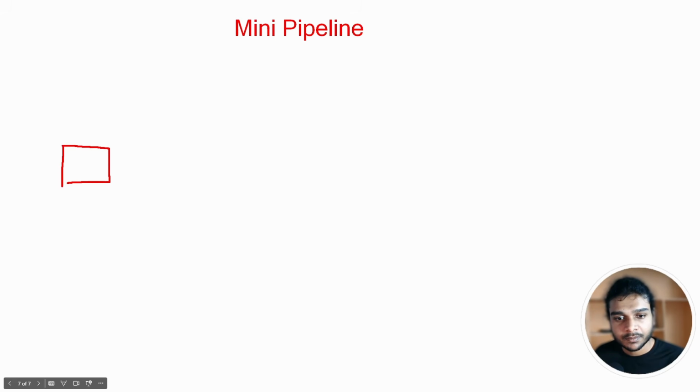Okay, let me name this heading mini pipeline. It goes like this. Now I'm going to define an external stage.